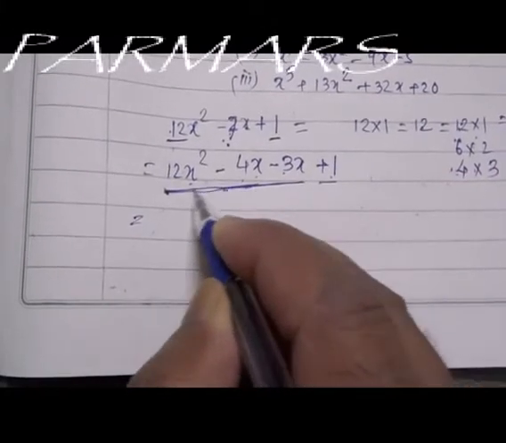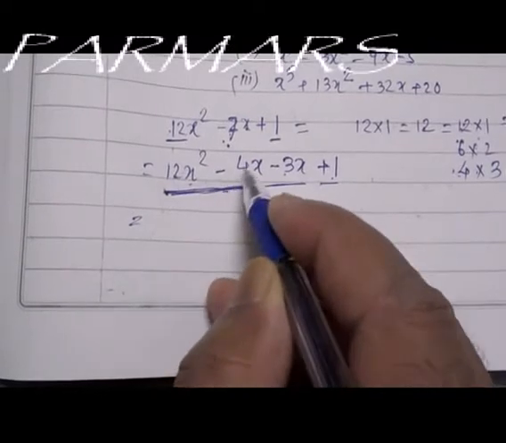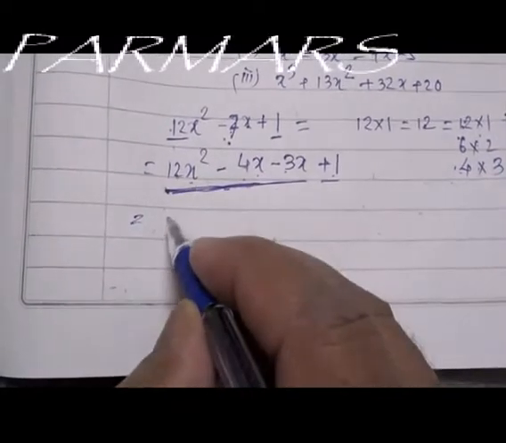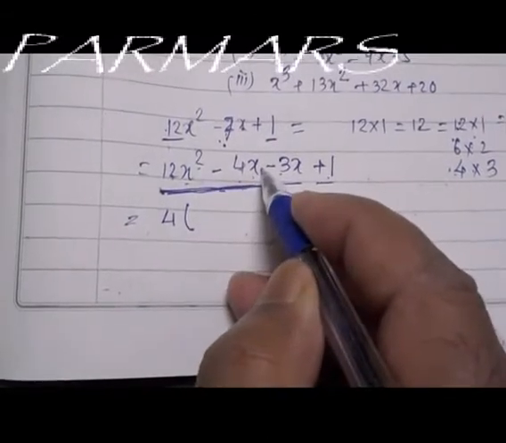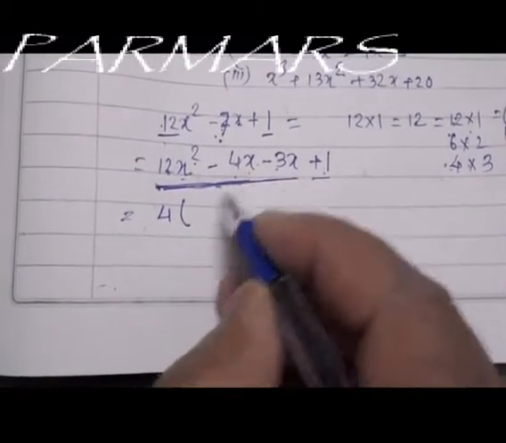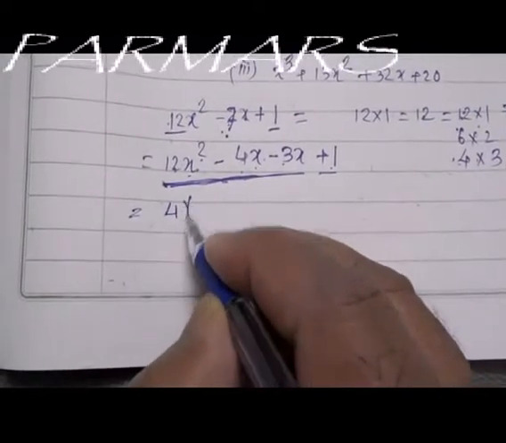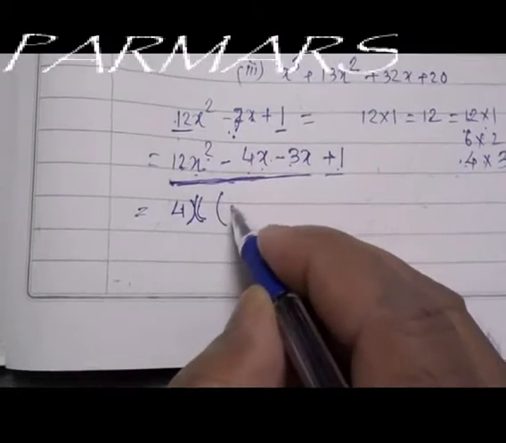First two, what is common from these two? From the numbers 4 and 12, 4 is the common factor, and x square and x, always the lowest power will be common, so x is common, so 4x is common.